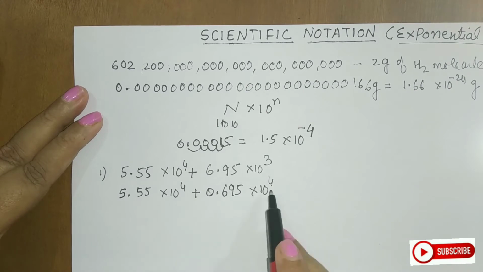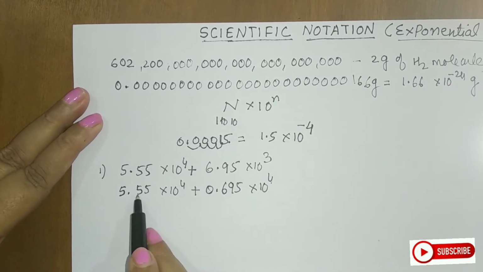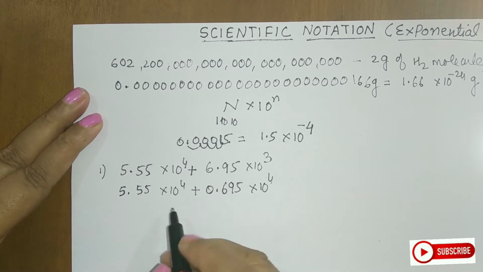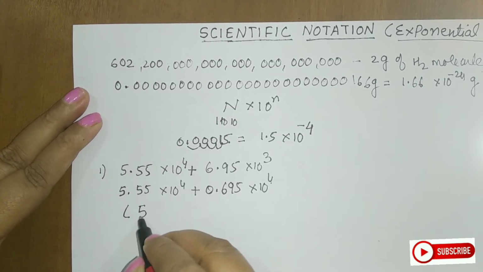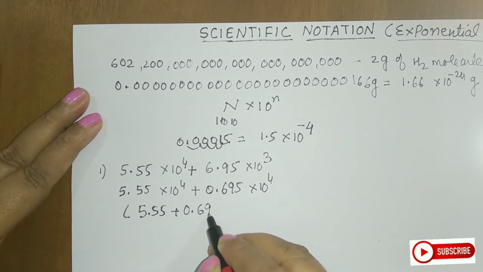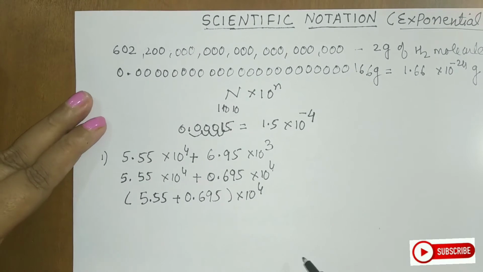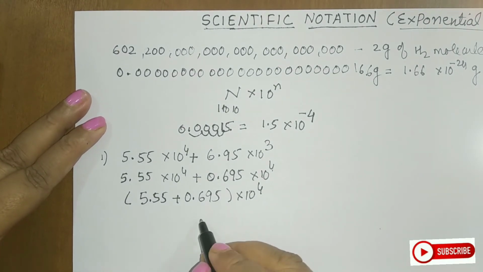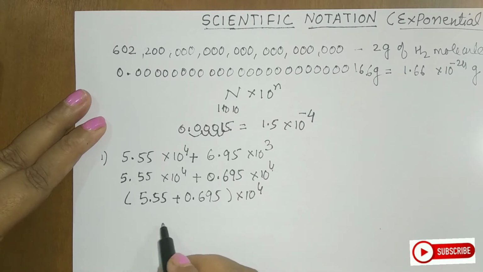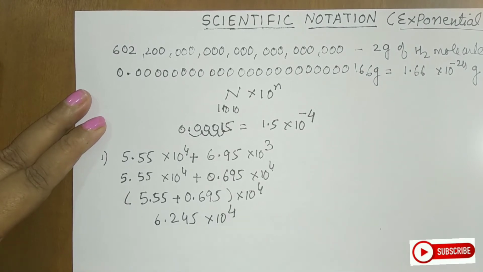Now as the powers are the same, I take that common out and simply add the two numbers: 5.55 plus 0.695 into 10 raised to 4. Using simple addition, you get 6.245 into 10 raised to 4.